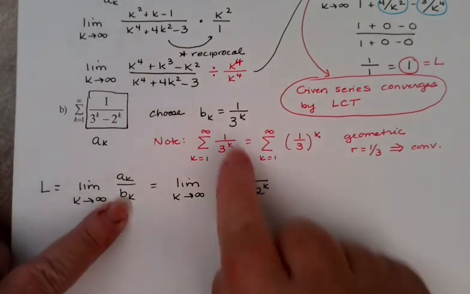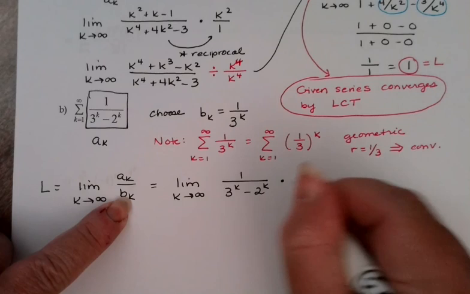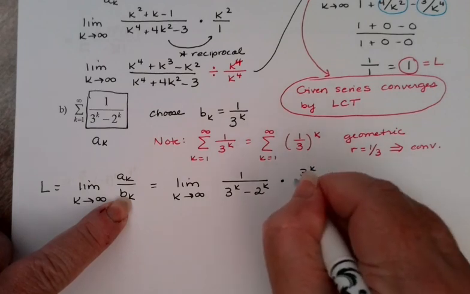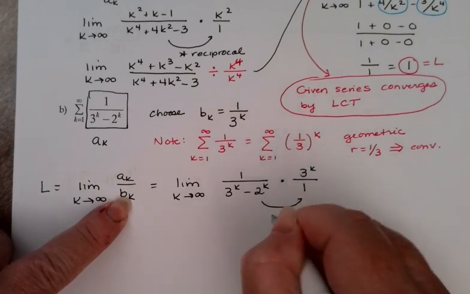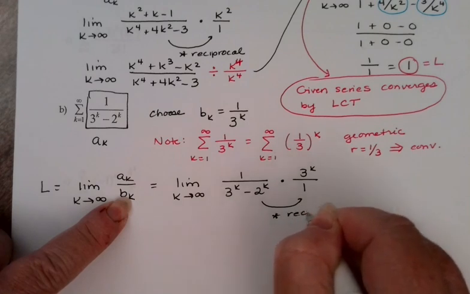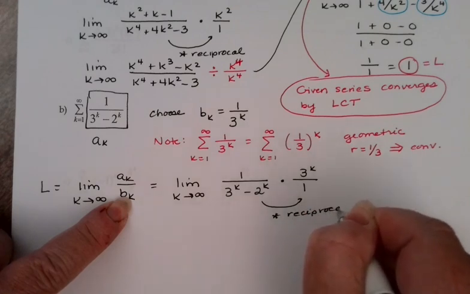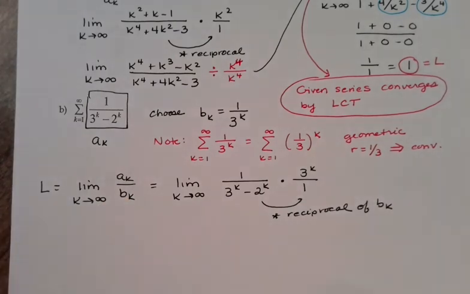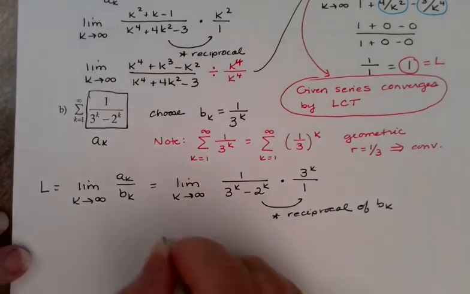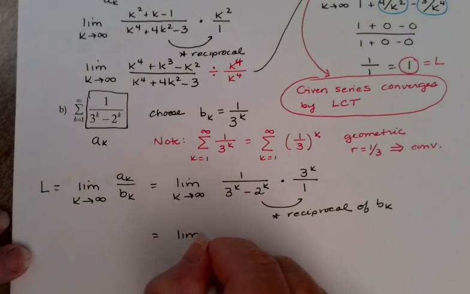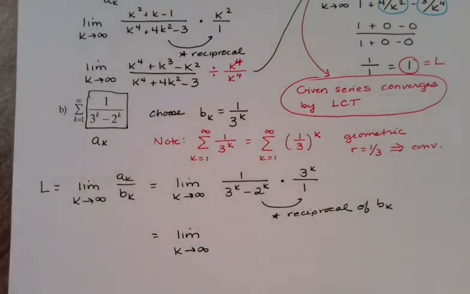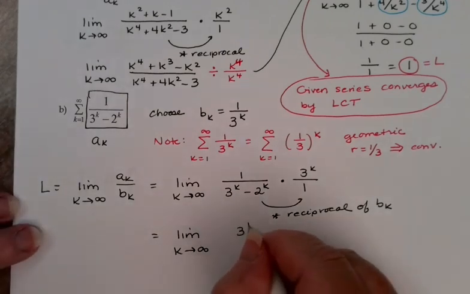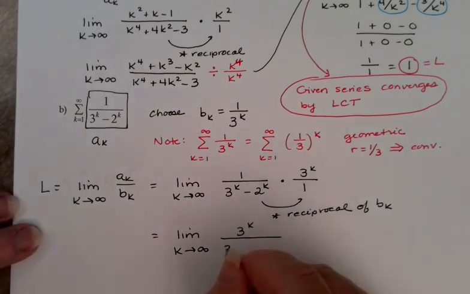And I'm supposed to divide by this, but again, just to save us a little time and space, I'm going to go right ahead and just multiply by the reciprocal of the b sub k. All right, so I get 3 to the k on top over 3 to the k minus 2 to the k.